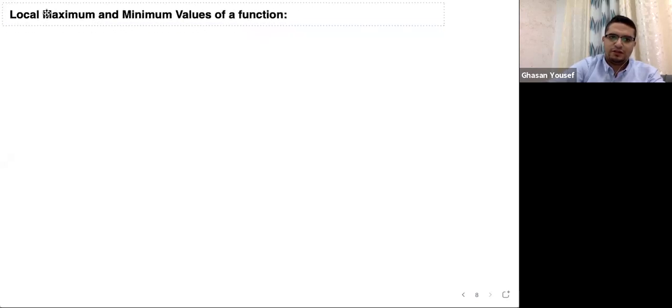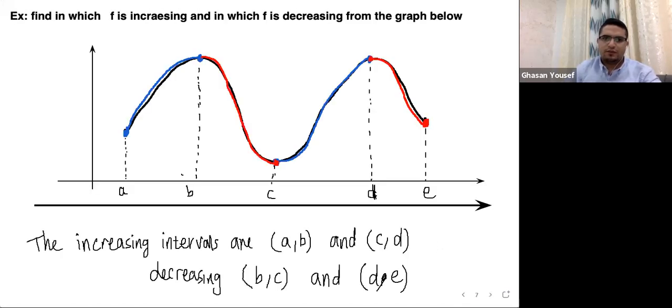When the function, looking at the graph, changes from increasing to decreasing, this point here is called local maximum. When the function changes from decreasing to increasing, this point here is called local minimum. Again, when the function changes from increasing to decreasing, this point is again a local maximum.